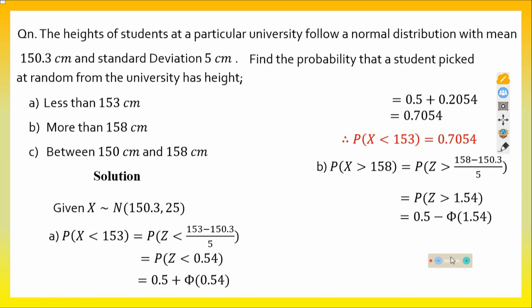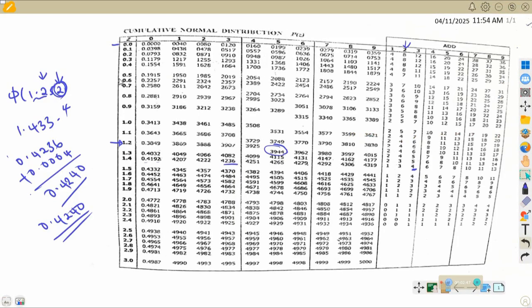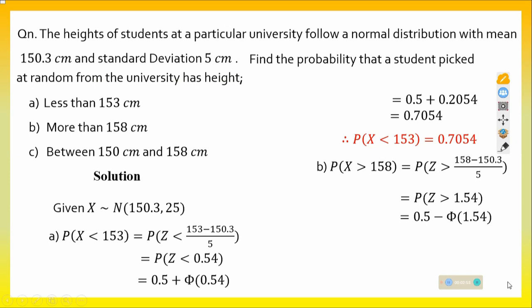So get the table reading of 1.54. 1.5 is here, 4 is here, 0.4382. So we shall have 0.5 minus 0.4382. So from there, we shall be able to get our probability.